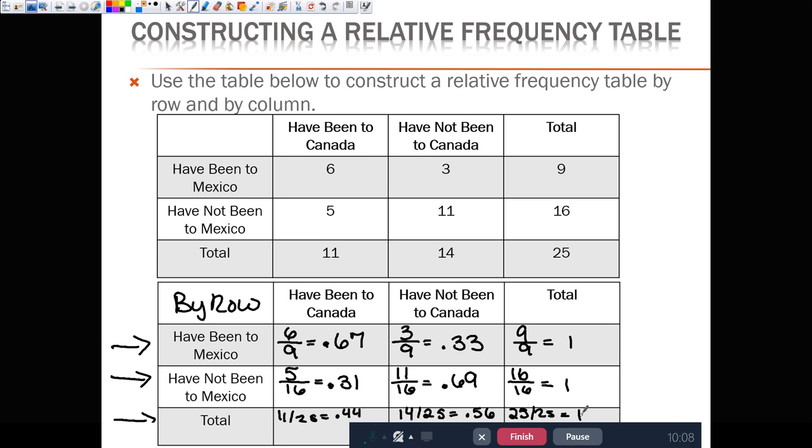Okay? Sometimes they might just put 1 in the last column there because they don't put it as a ratio because it's just 1. However, you can do it both ways. So that's by row. Now we're going to do the same thing, but by column. Okay? This should have been up there.